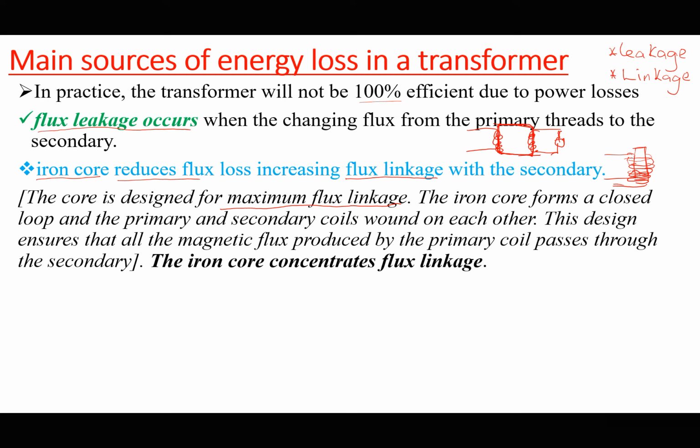After all, these are insulated wires. So on the same strip, you have the primary, and you also have the secondary. So you have the secondary, and on this side you have the primary.